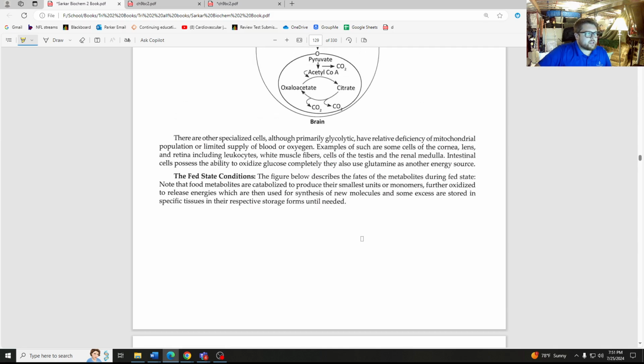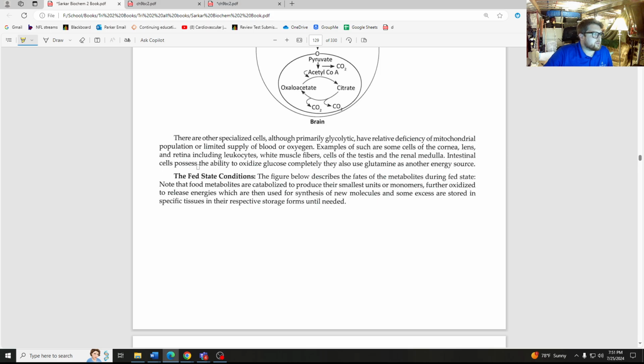There are other specialized cells, although primarily glycolytic, that have a relative deficiency of mitochondrial population or limited supply of blood or oxygen. Examples of such are some cells of the cornea, the lens, the retina, including leukocytes, white muscle fibers, cells of the testes, and the renal medulla.